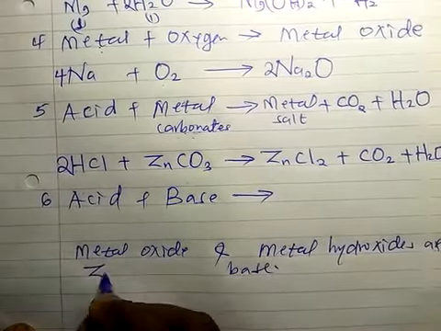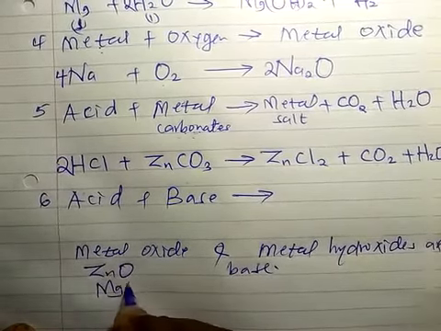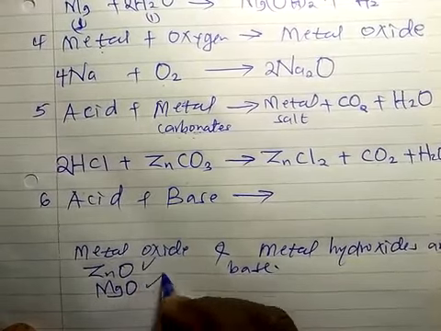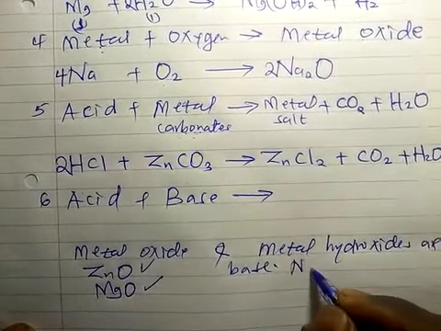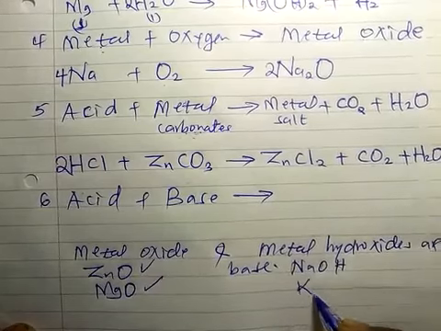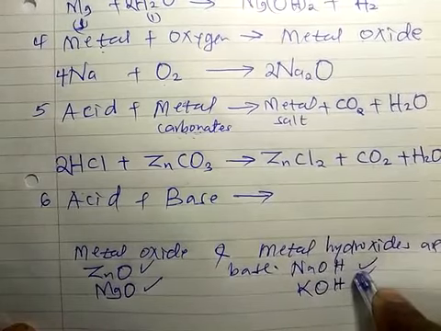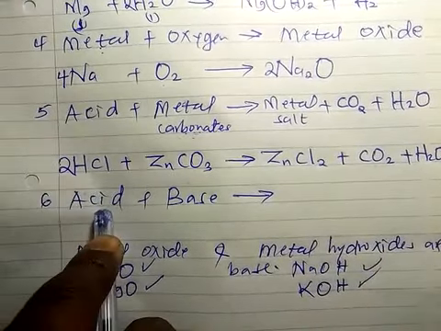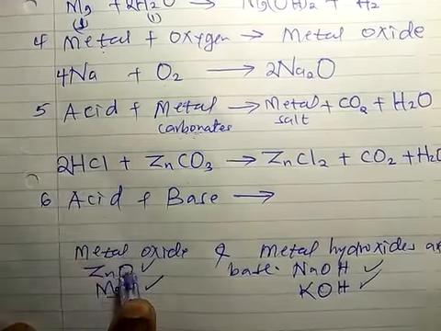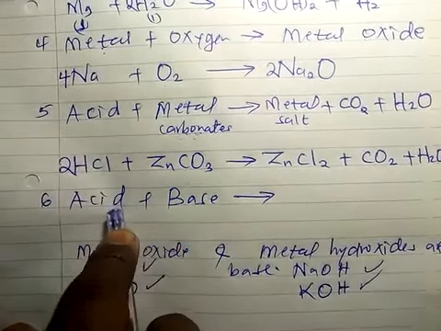For example, zinc oxide, magnesium oxide, these are the bases. Sodium hydroxide, potassium hydroxide, these are the bases. So whenever you see a hydroxide reacting with an acid, whenever you see a metal oxide reacting with an acid, that one is a base.